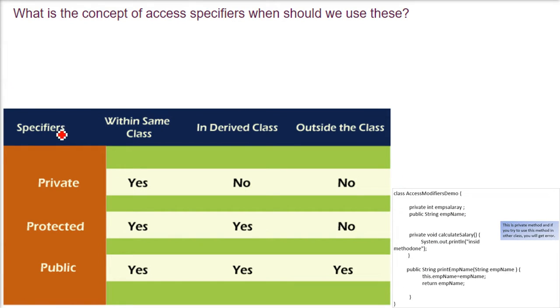What is the concept of access specifiers? When should we use these? First of all, access specifiers and access modifiers are the same, with just a minor difference. Assume that this is your house, this is me and this is my friend. I can come into your house, so I am public.